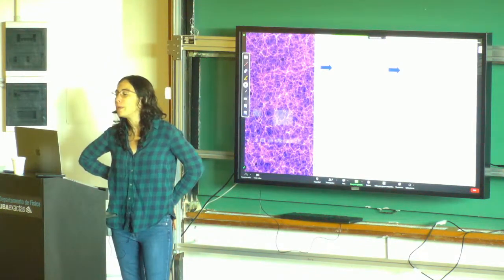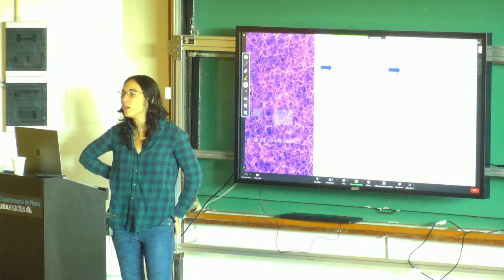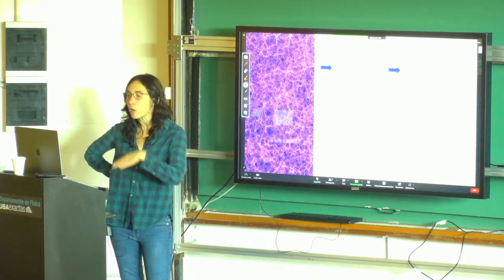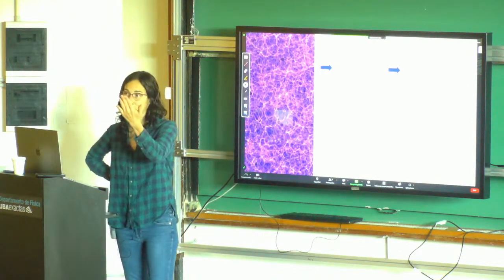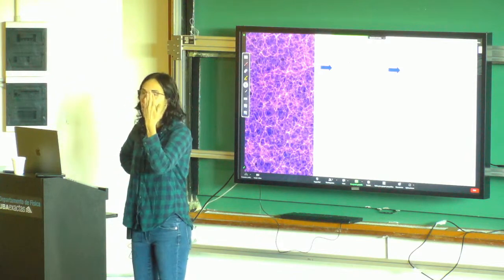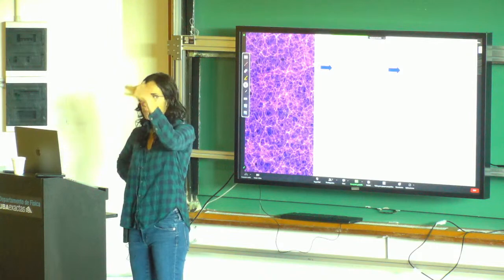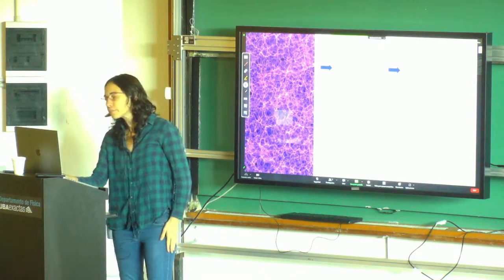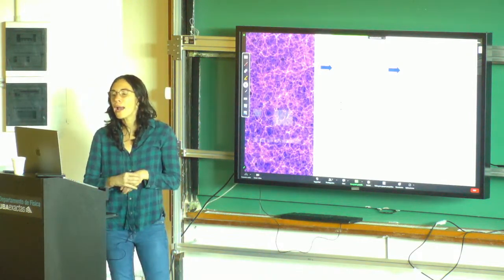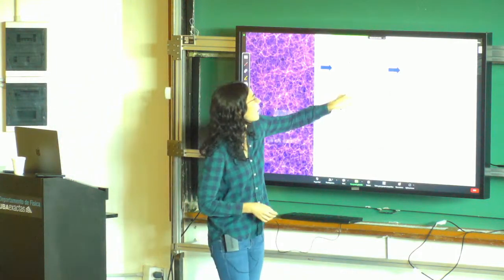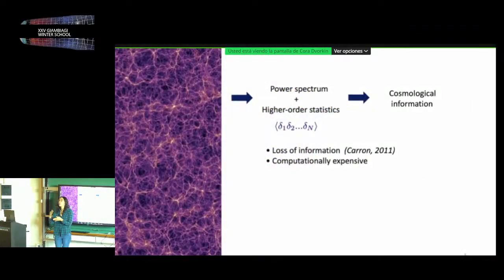The usual way to go beyond the power spectrum in cosmology has been by computing higher order statistics, or these cumulants that I was talking about before, the bispectrum, the trispectrum, etc. These are the higher order statistics when you go beyond the 2-point function.